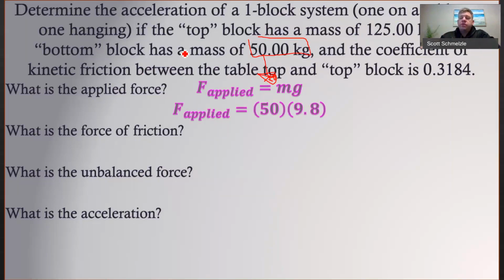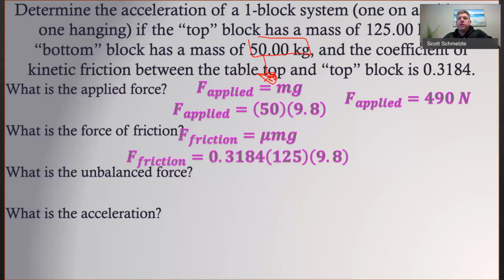So what we see here is that our applied force is going to be 490 newtons, right? So with our 490 newtons, that becomes the number that we want to try and get above if we're going to see movement here. All right. So even though that top block is like 2.5 times the mass of the bottom block, let's see if it moves.